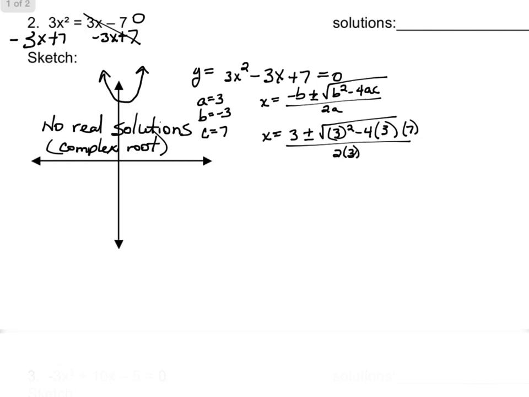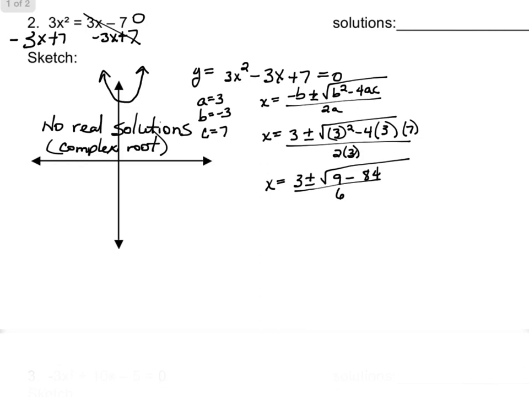Okay, so let's simplify that down. x equals 3 plus or minus the square root of 9 minus 84, since 4 times 21 is 84, over 6.